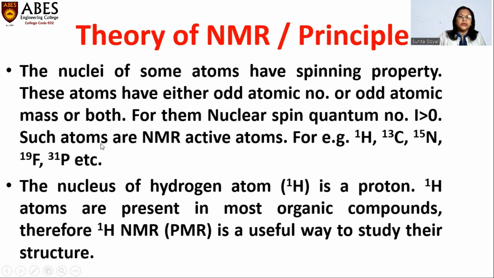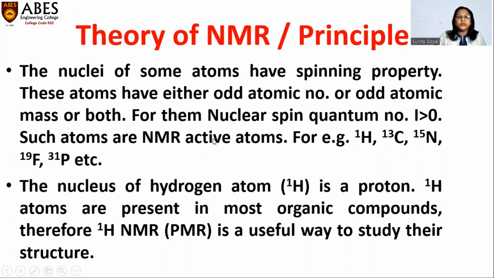Such nuclei or atoms which have nuclear spin quantum number I greater than 0 are NMR active, or they will respond to this type of spectroscopy. Otherwise, they are inactive.